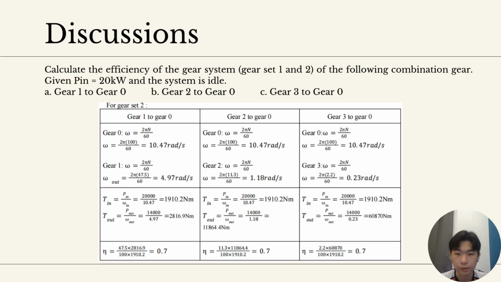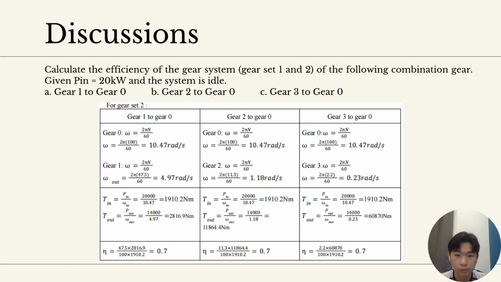And next, for gear set 2, gear 1 to gear 0, the gear 0 is 10.47 radians per second, and the given angular velocity is 4.97 radians per second, and the input torque is also the same, 1910.2 Nm, and the output torque is 2816.9 Nm, and the last efficiency is also the same, 0.7.